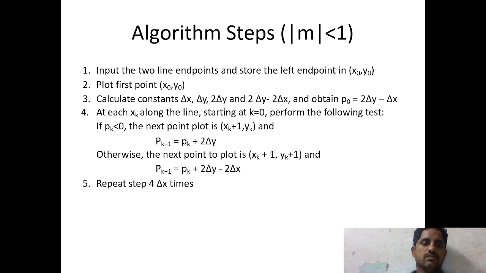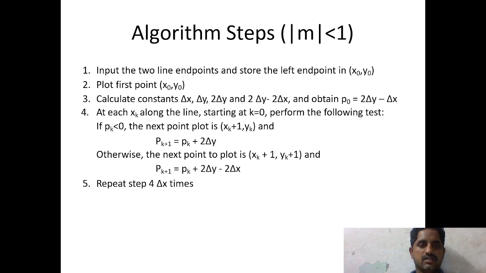Now the algorithm. Input the two line endpoints and store the left endpoint in x0, y0. Plot the first point x0, y0. Calculate the constants delta x, delta y, 2 delta y, and 2 delta y minus 2 delta x, and obtain p0 equal to 2 delta y minus delta x. At each xk along the line, starting at k equal to 0, perform the following test.